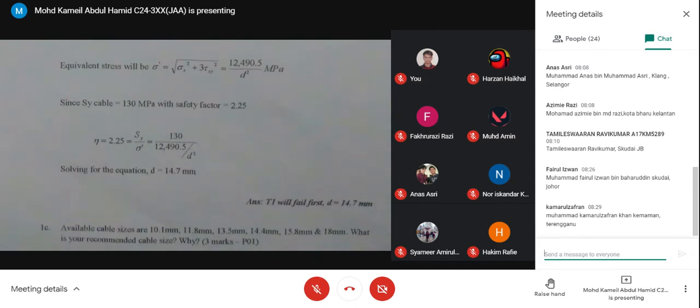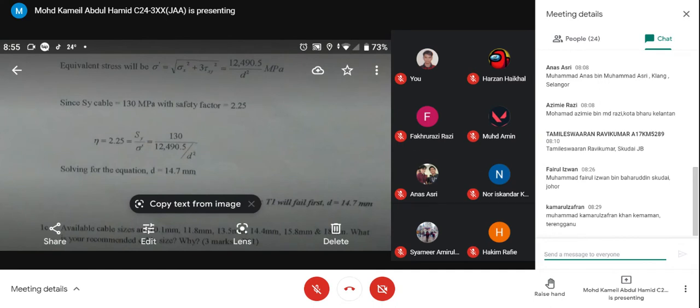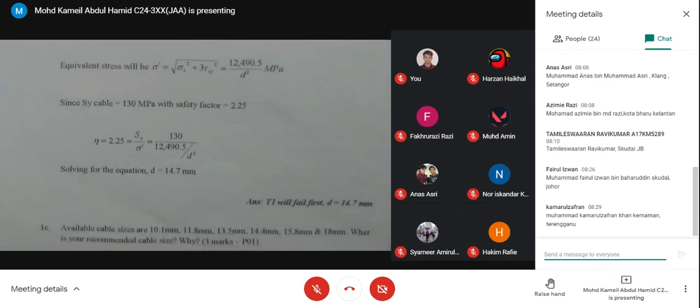So in the design process, once you calculate, get your safety factor equation and the answer, then you select based on that calculation. For the selection of the cable, you should select the higher but the closest value.